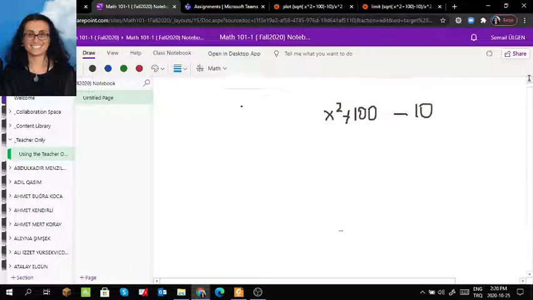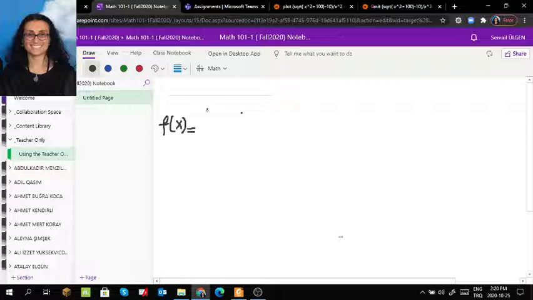Let's go up a little. Okay, so the question was one-sided limits of the function f of x, absolute value of x over x.